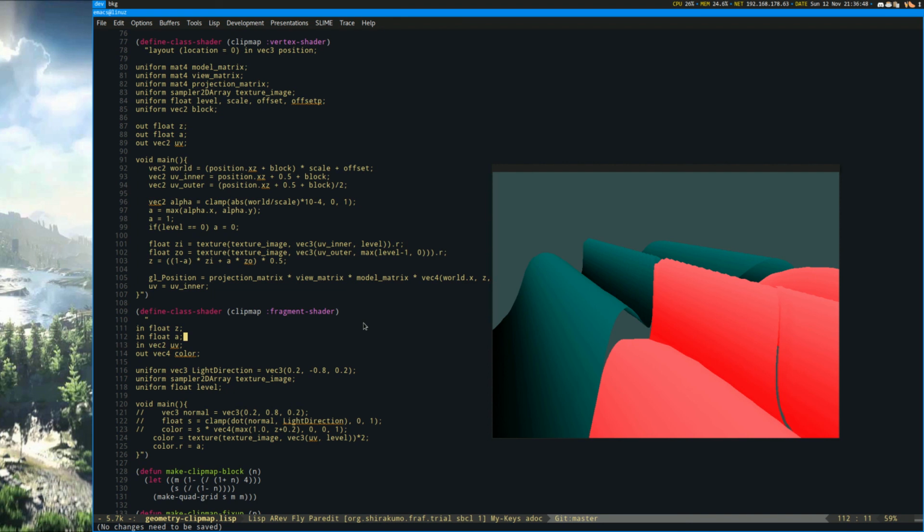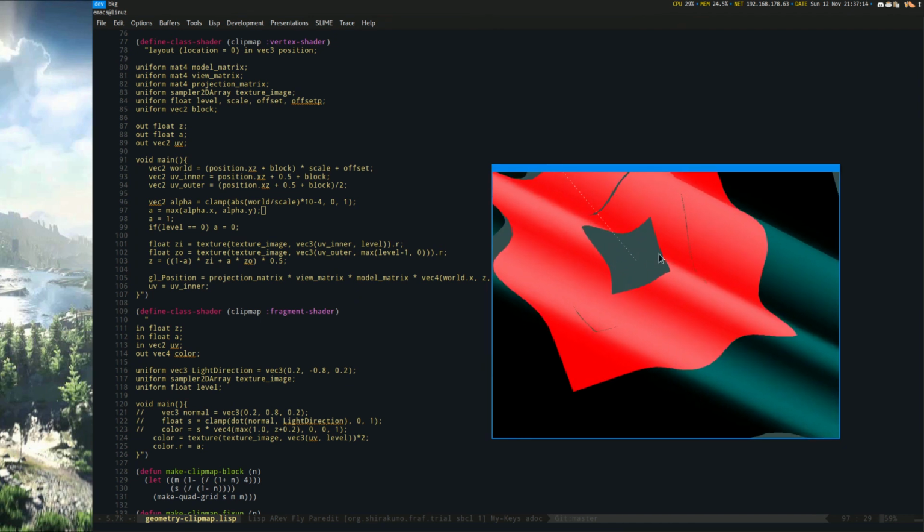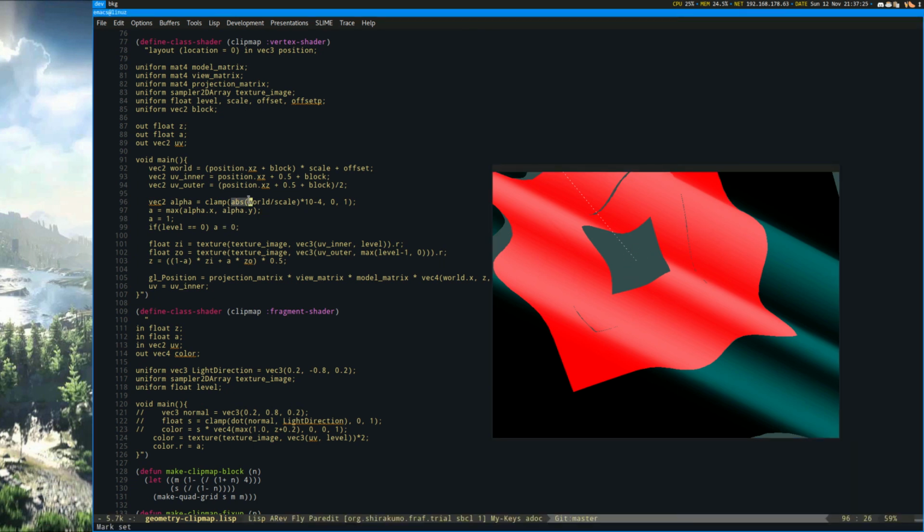Why is there an abs around world scale? No idea. That came from a paper initially. I get why, because what this does is estimate the distance from the current vertex to the center, and then we use that as a radius, and we want the absolute value because it could be negative, and that doesn't make any sense.